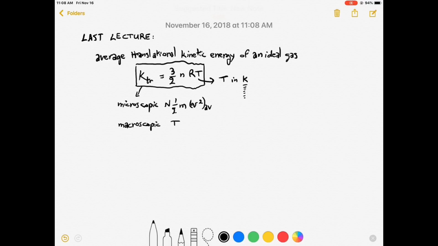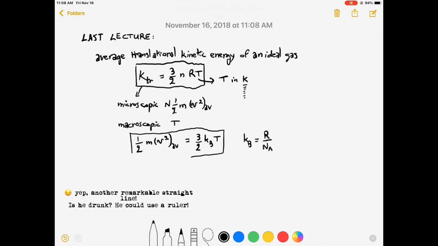We have also seen that you can write this for just one molecule, so 1/2 m times the average of v squared, which is 3/2 kBT. kB is the Boltzmann constant, which can be written as the gas constant divided by the Avogadro number. This is another way to write this, as we saw in the last lecture.